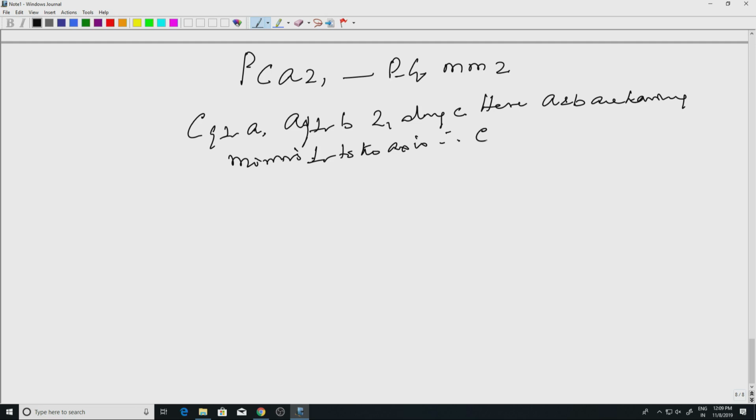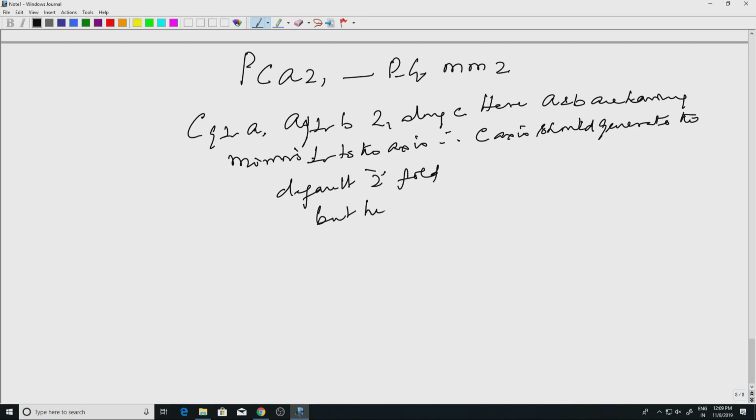Therefore, C axis should generate the two-fold.